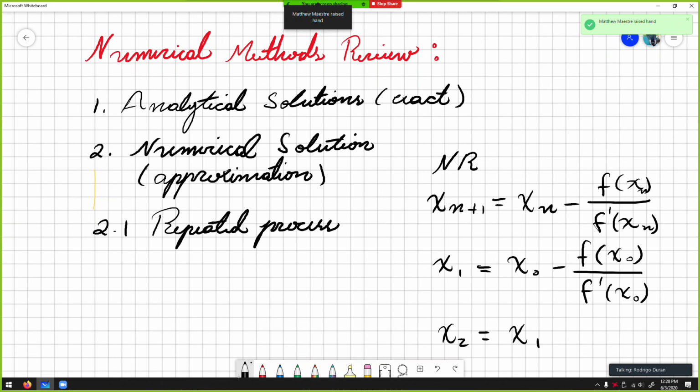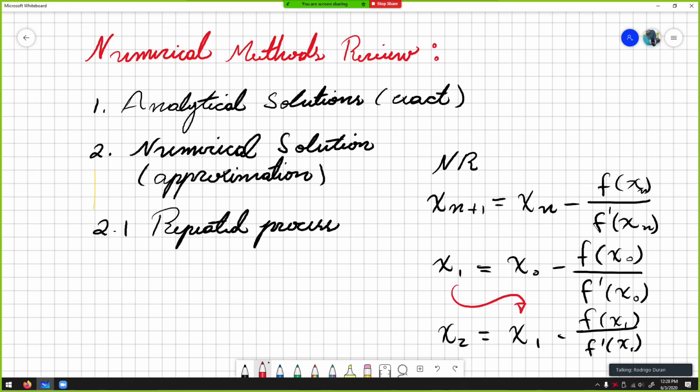And if I put this in here, and I do the same thing, I evaluate my function at that point. Every single time that I'm doing something, I keep using my previous iteration. That's why it's called a repeated process, or a root seeking process, because I'm using my previous solution, my previous iteration, to better approximate the final solution.